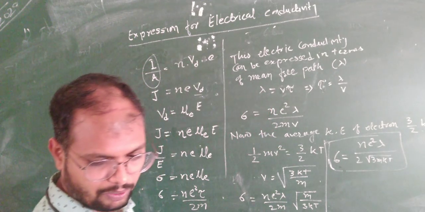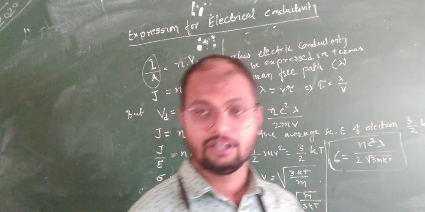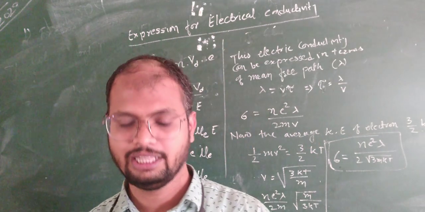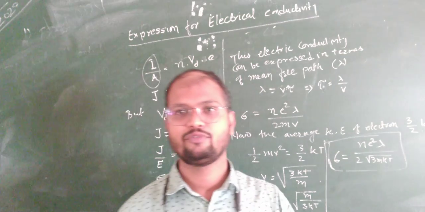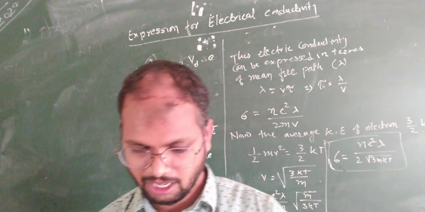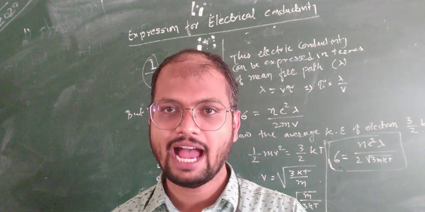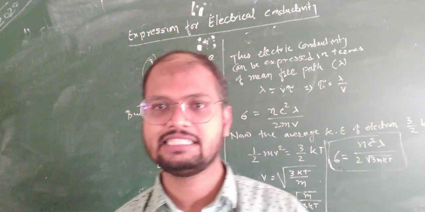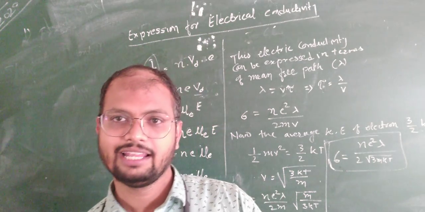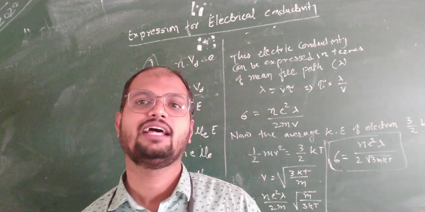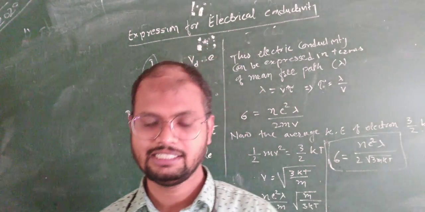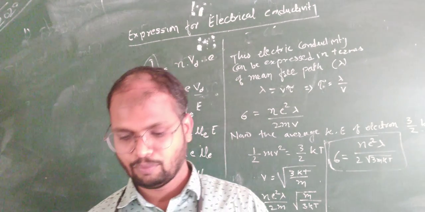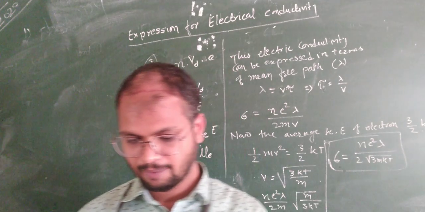Again, I repeat all these. First we consider a metal rod of cross-section area A, having the length Vd, where Vd is the drift velocity. After that we consider n, the number of free electrons per unit volume of the metal.